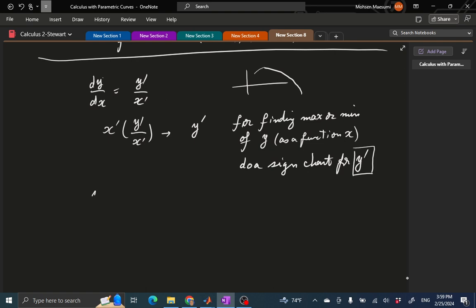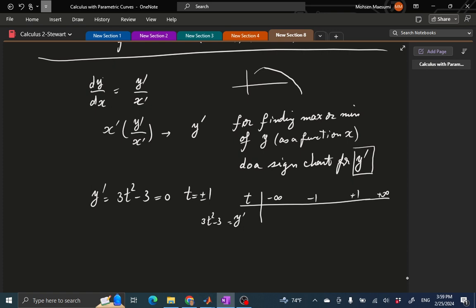So what is our y prime? Y prime was 3t squared minus 3. Set it equal to 0 as we have done before: t is plus or minus 1. Make your table. So t is from minus infinity, minus 1, plus 1, plus infinity. And y prime is 3t squared minus 3.